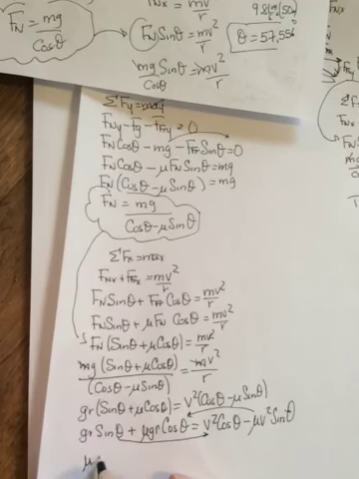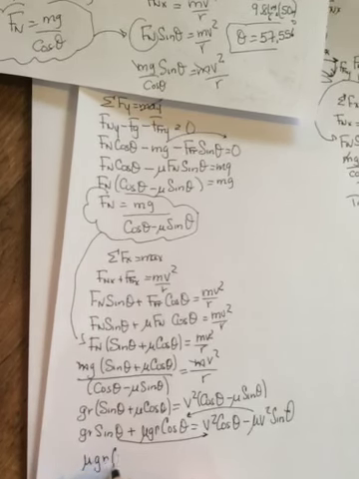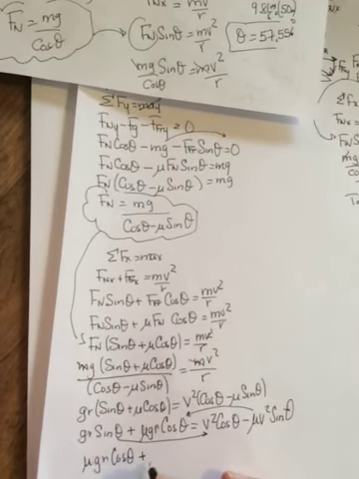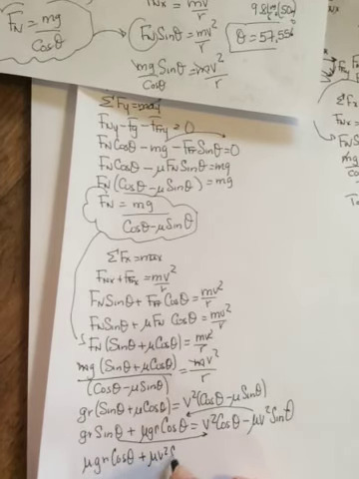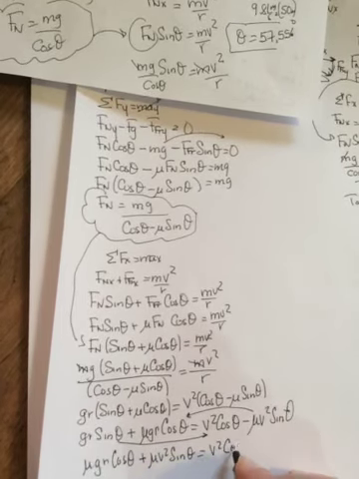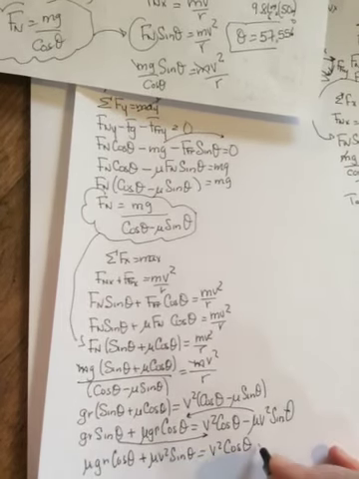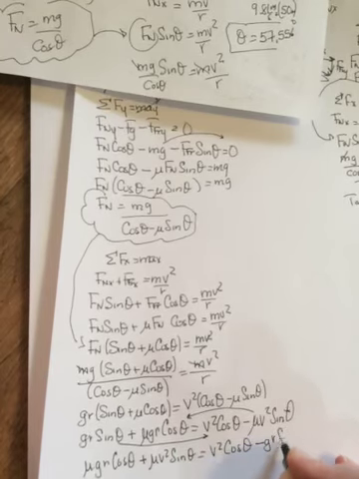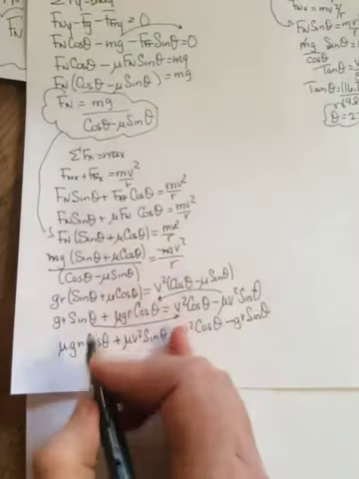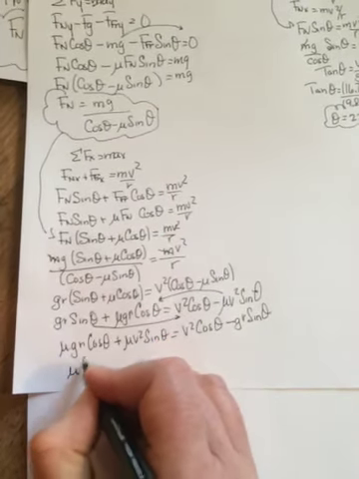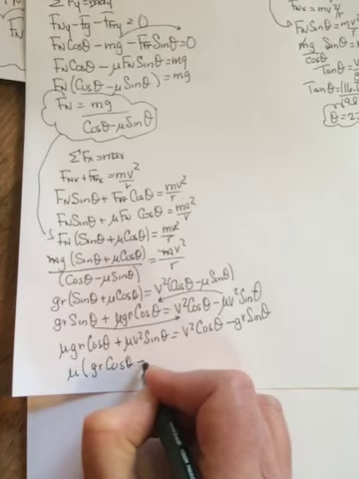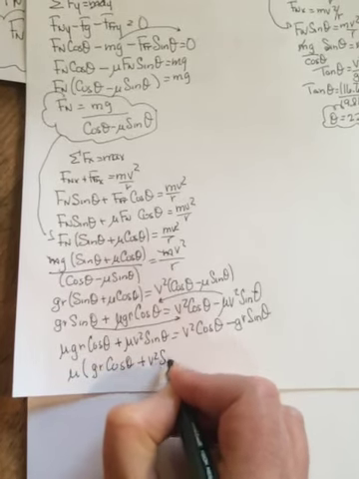So it'll be mu gr cos theta. And then when I bring this over, it becomes plus mu v squared sine theta equals v squared cos theta. And when I bring this first term over, minus gr sine theta. Now factor out the mu. So mu brackets gr cos theta plus v squared sine theta.